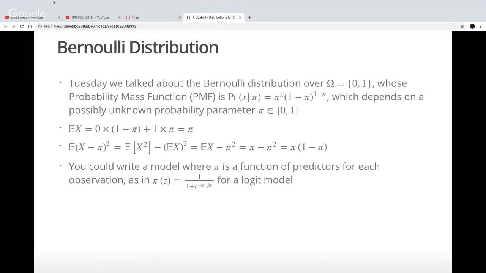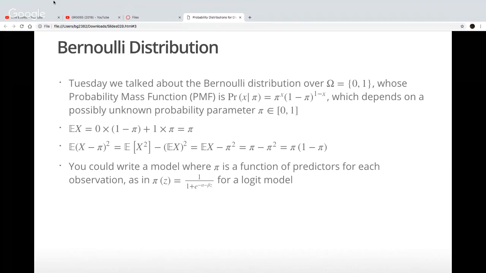So the expectation of x squared is the same as the expectation of x, which is pi. Then we subtract off the square of the expectation, which is pi squared. You can factor that to get the variance as pi times 1 minus pi, or success probability times failure probability. That is the variance of a Bernoulli random variable. Everybody see how we did that?